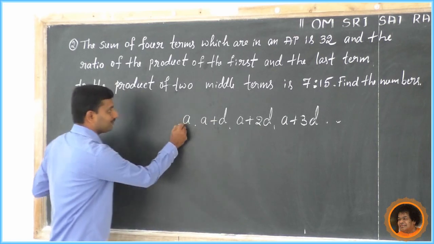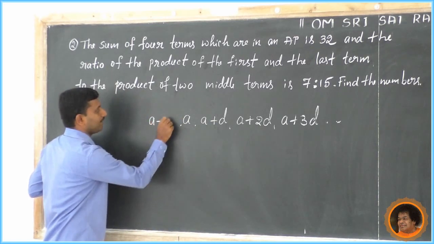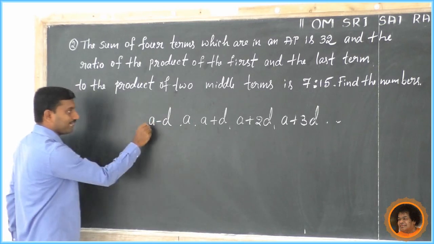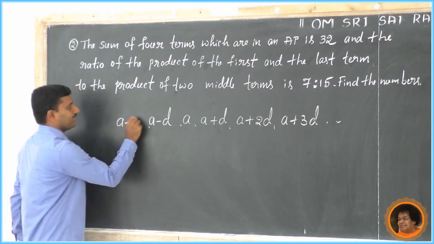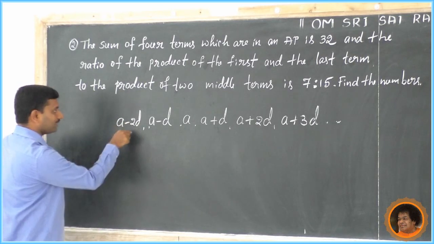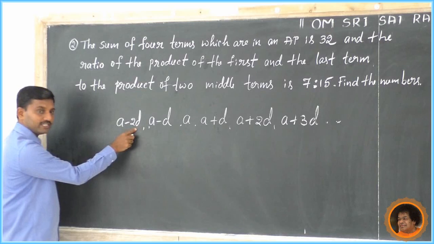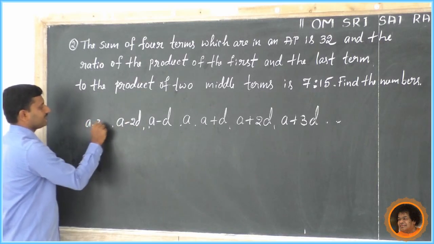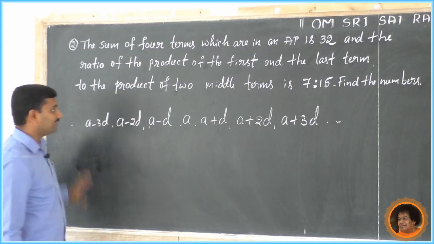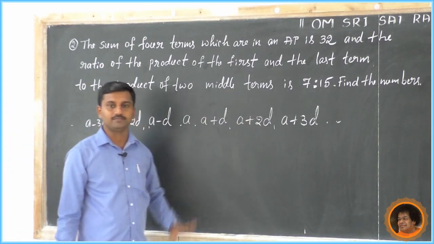The preceding term of A is A minus D. Preceding term of A minus D is A minus 2D. In the same way, the preceding term of A minus 2D is A minus 3D, which are also in AP. So this is the general form of the AP.